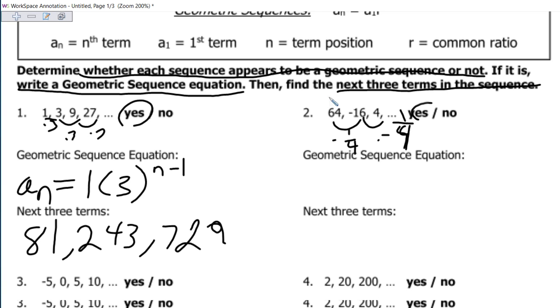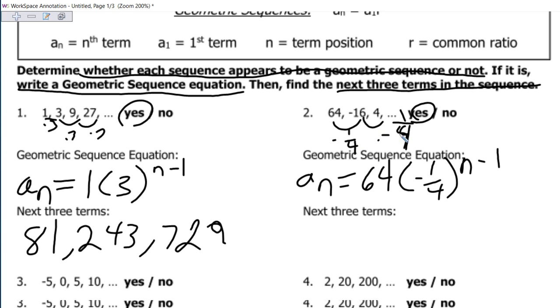Now, in order to get this, we're going to have a sub n equals 64 times negative 1/4 raised to the n minus 1. And that's pretty easy to figure out.